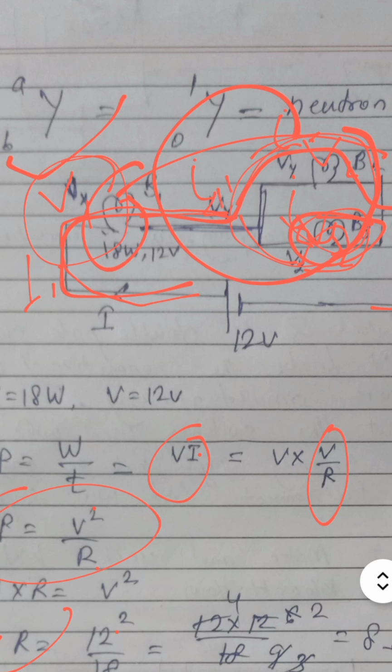In series, both have the same I. So B1 is getting I. Now B2 is getting the same I. Initially it was also getting the same I, even if B3 is removed. If B3 is kept connected, then these two bulbs will have some low brightness. Here the brightness will not change. So the actual answer, as per my view, is that the brightness of bulb B1 will remain unchanged, will remain the same.